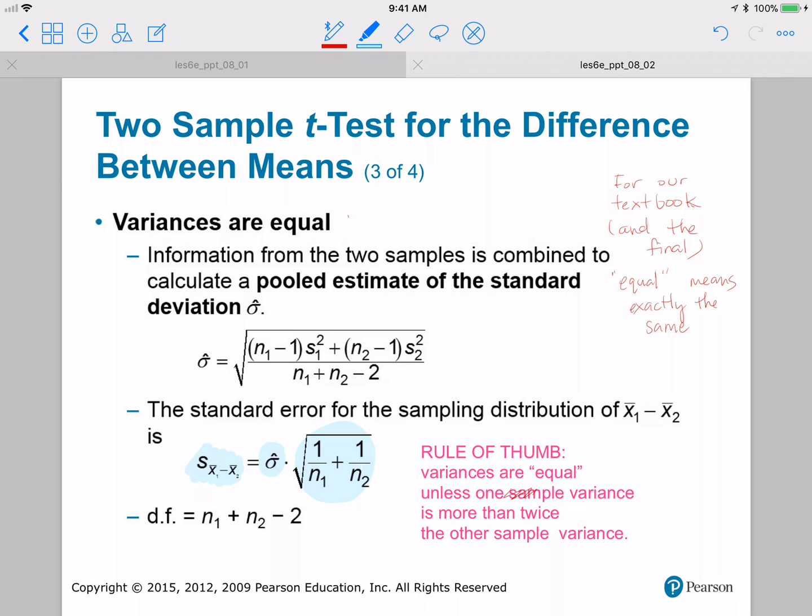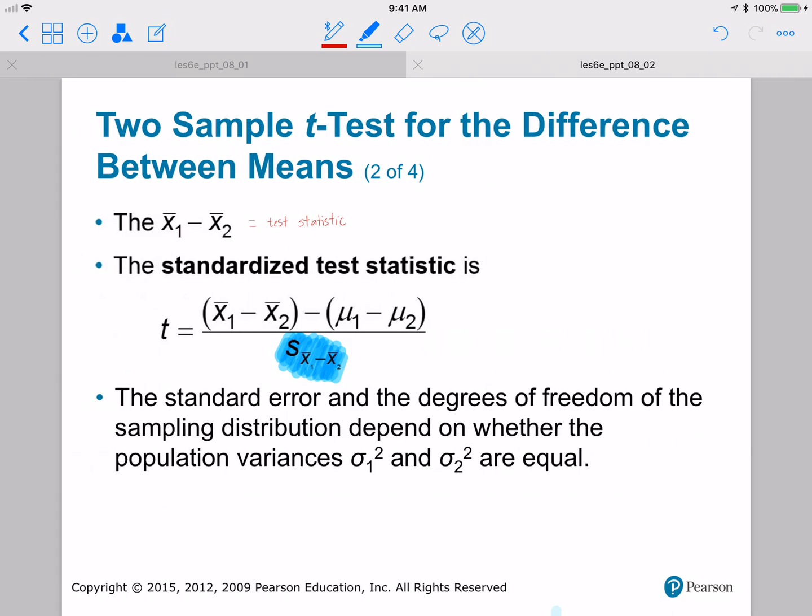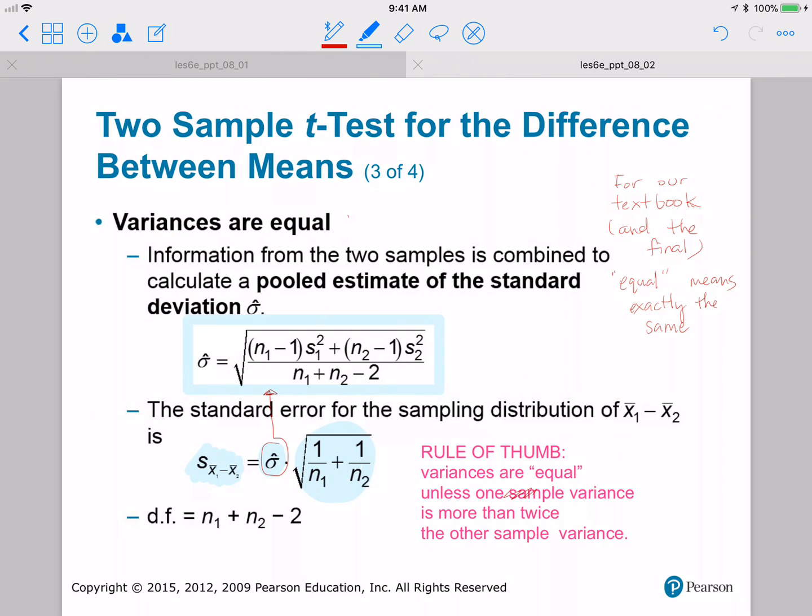And the formula for sigma hat is up here. I'm just going to show you how to calculate it for one example, just so you are exposed to it. But in general, you won't need to calculate your sigma hat because your standardized test statistic is going to automatically calculate it.